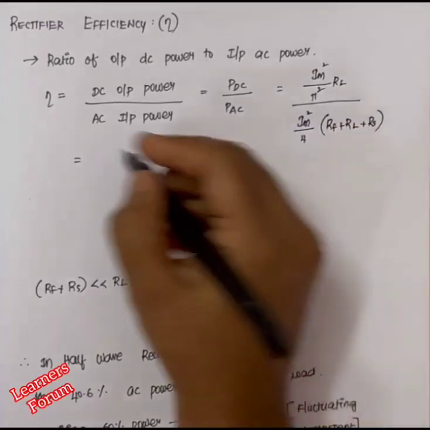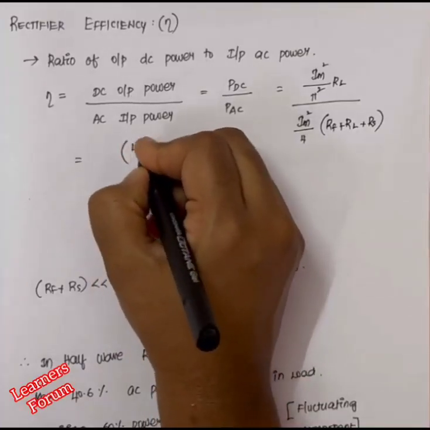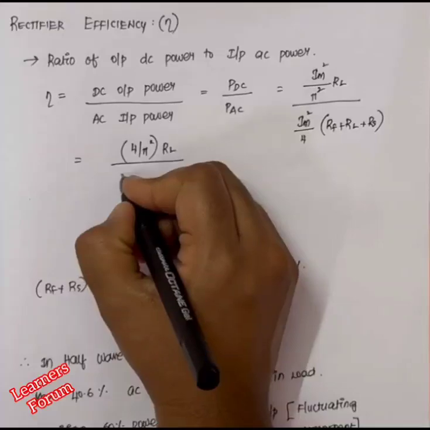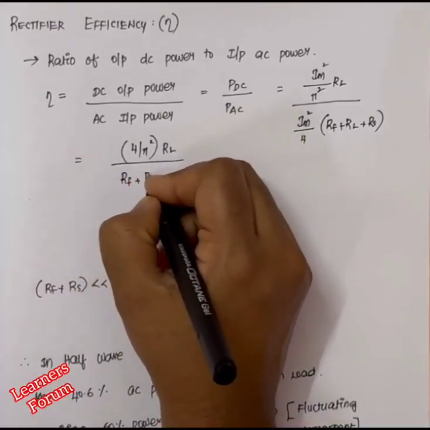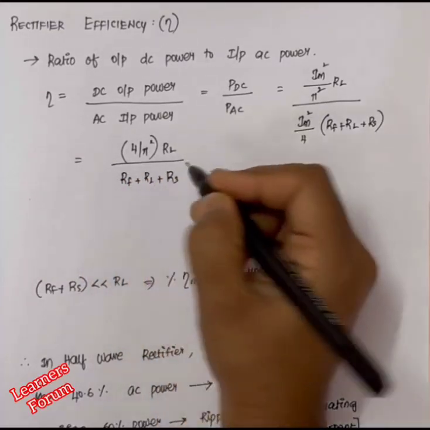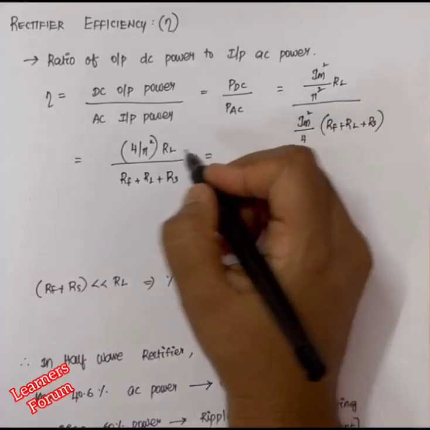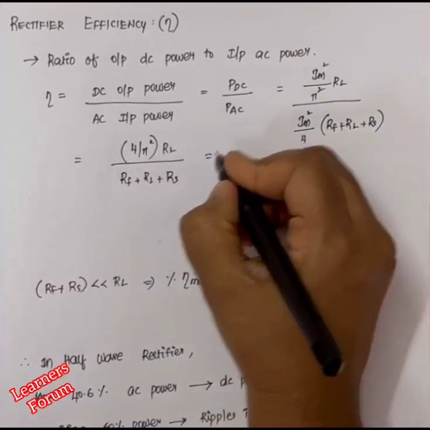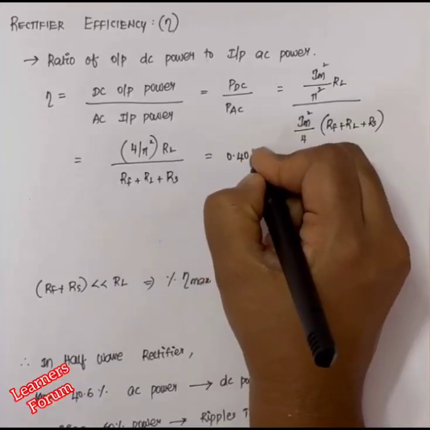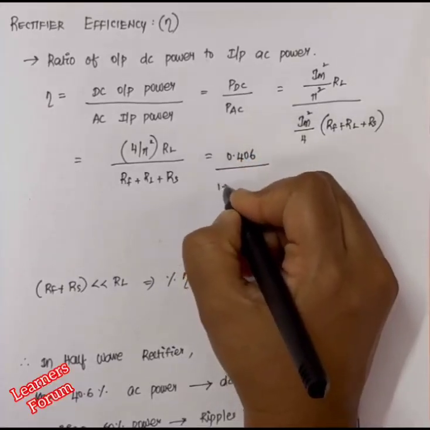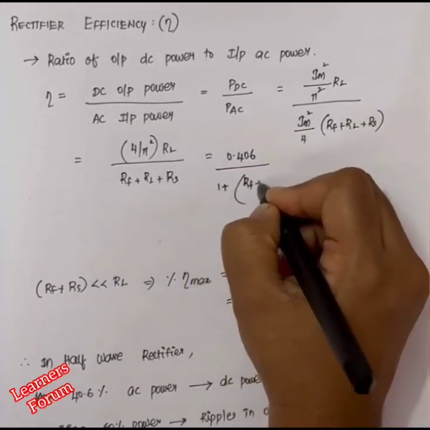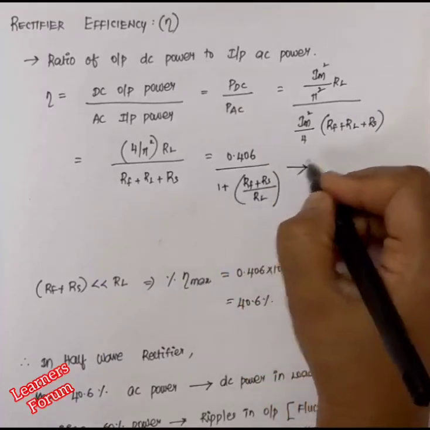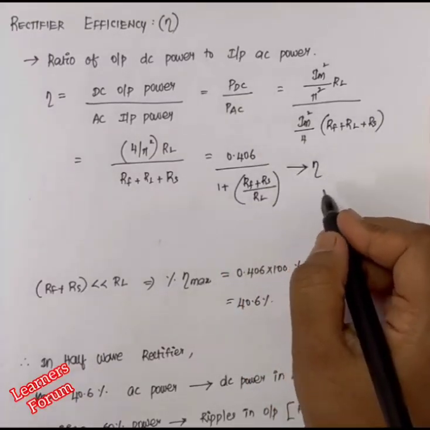So simplifying this, we will get it as 4 by pi square into RL divided by the total resistance, which is RF plus RL plus RS, which is further equal to, after substituting the value of 4 by pi square, 0.406 divided by 1 plus RF plus RS divided by RL. So this is the net equation for rectifier efficiency eta.